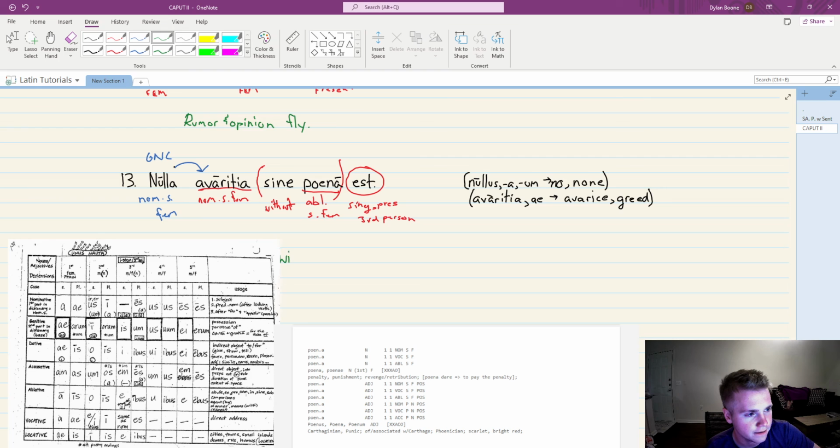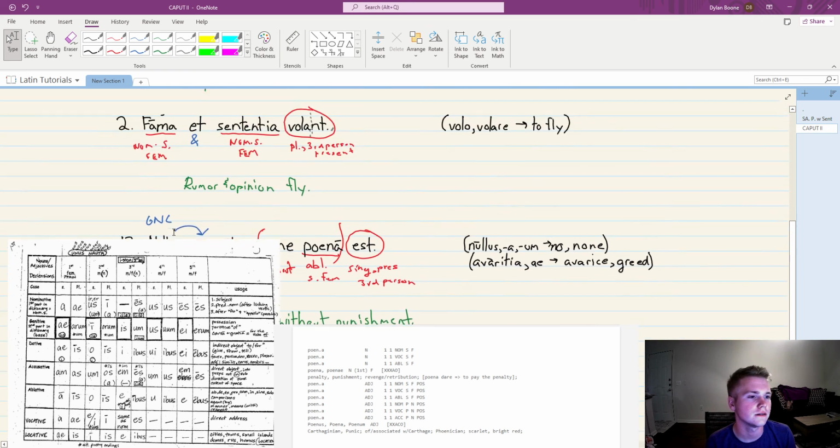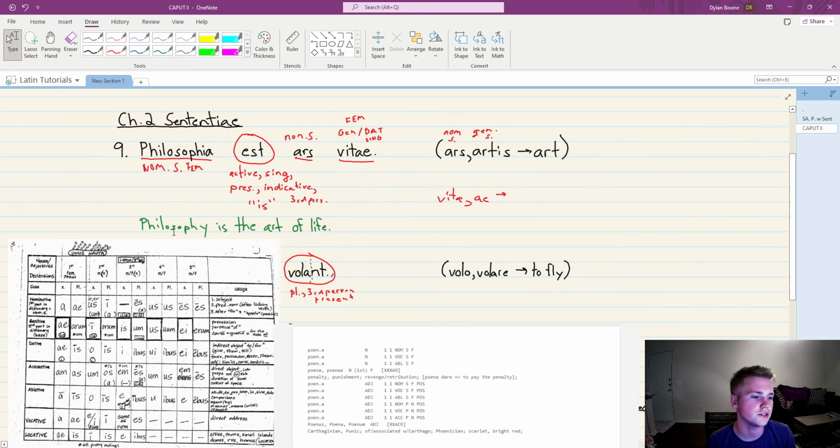Sine, without. Poena is punishment or revenge. So punishment or a penalty. There you go. Easy. So I think this is a good example of a couple SAP applications to more general sentence structures that you see in chapter 2, and I will see you guys in chapter 3.